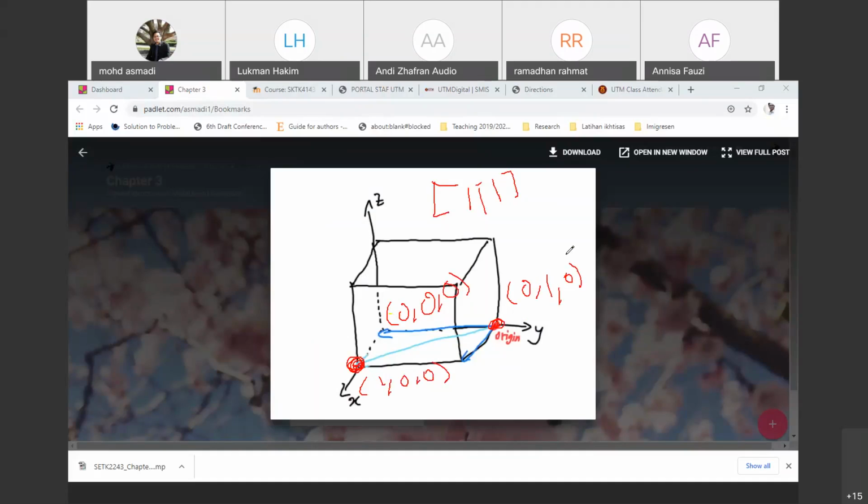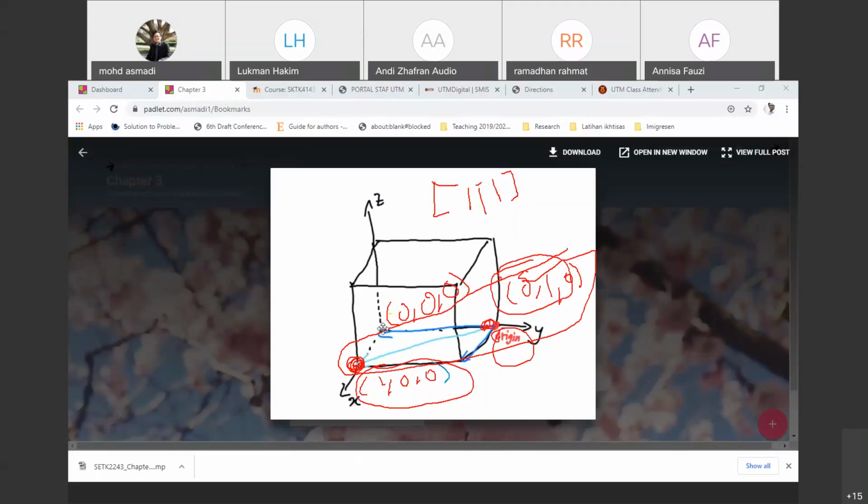Okay, so you have to remember this one. You have to write down this number, this position. Thank you, Lukman. Okay, don't forget. Okay, good. So the answer is right, but don't forget the coordinate number.